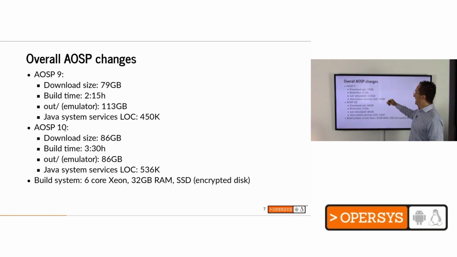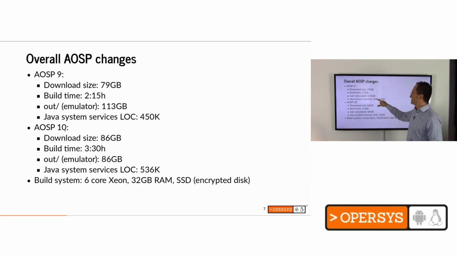But anyway, the system service sizes. This is one number that I personally use as a general idea of how substantial the changes were in the system services. So we've got here about 130,000 lines of code that have been added to the Java System Service.